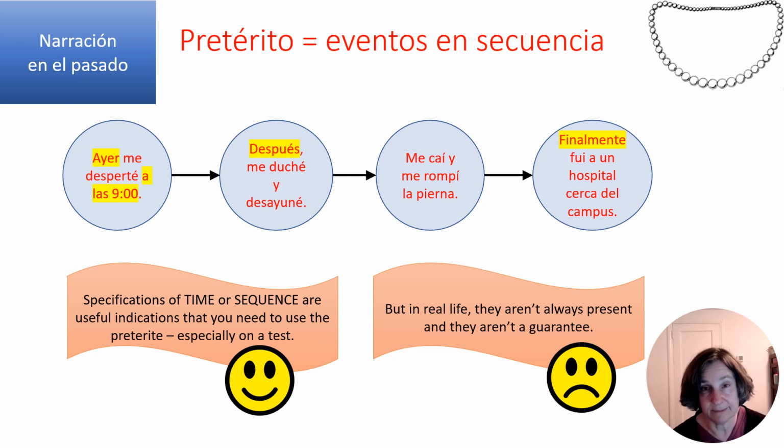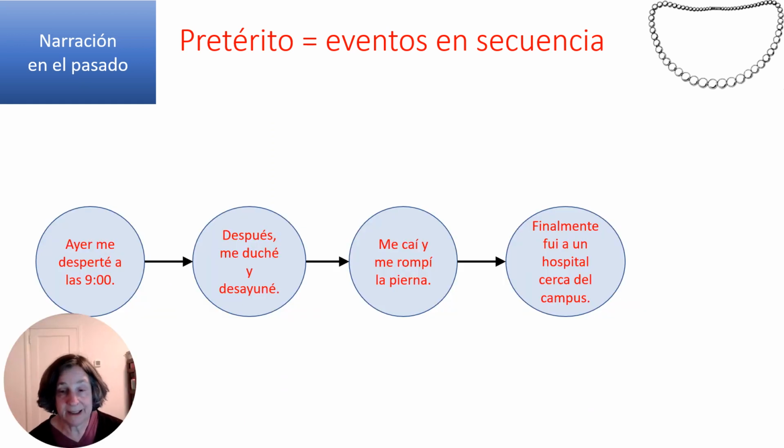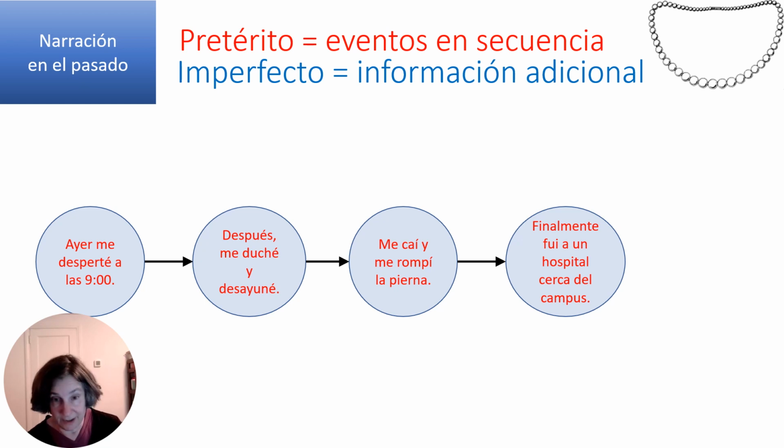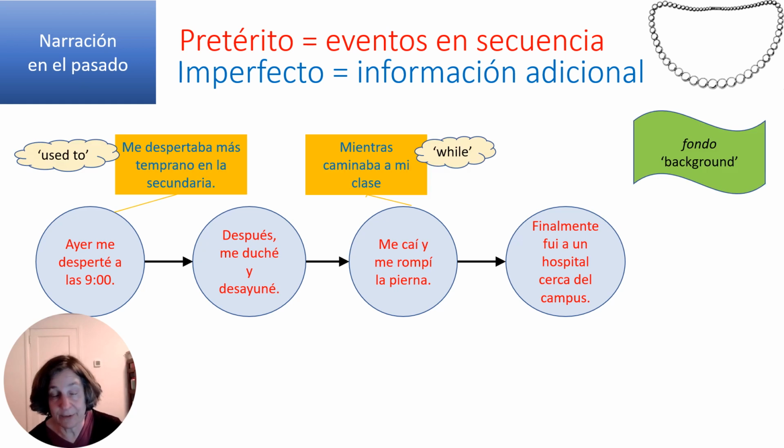So if the pretérito is for laying out events that happen in sequence, like beads on a string, what is the purpose of the imperfecto? It is used in a narrative to add additional information. What kind of additional information? Well, one type is background information. So let's say I'm talking about, as I said, today I woke up at 9.